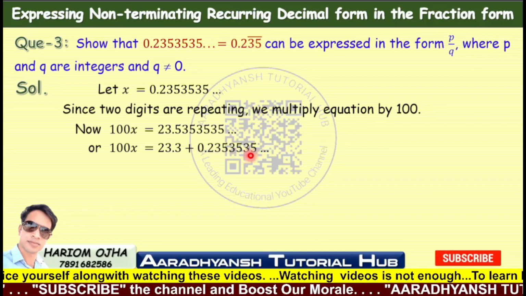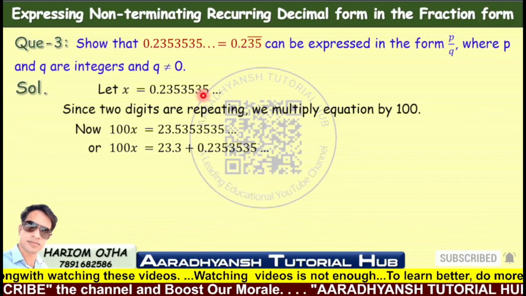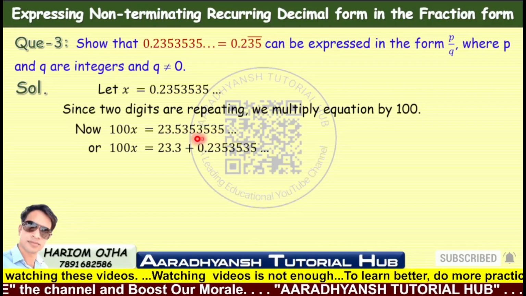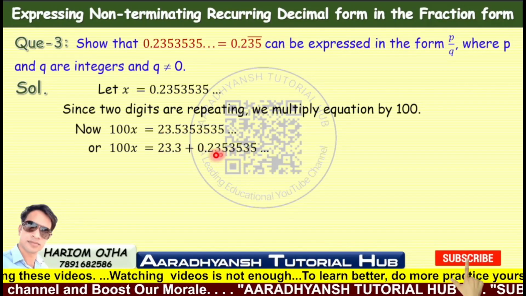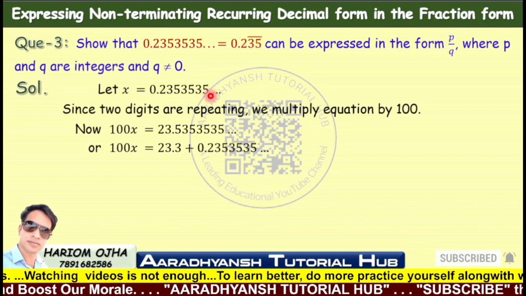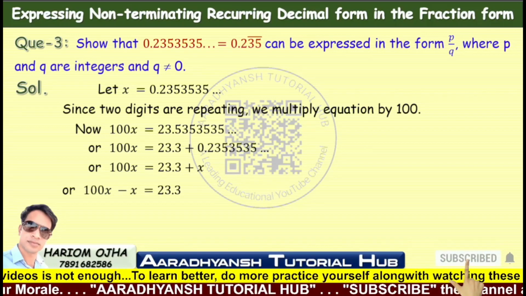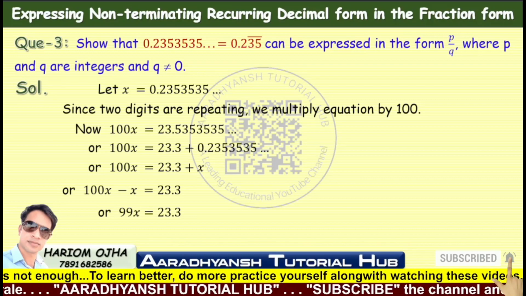Here this part is equal to x. So you need practice to break the number in such a way that the second part will be equal to x. In the next step we will replace it by x and solve the equation like the previous one.